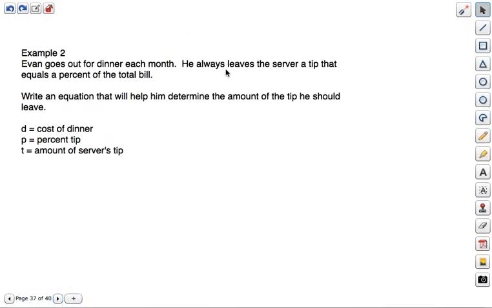All right, let's go ahead and look at another one. Evan goes out for dinner each month. He always leaves the server a tip that equals a percent of the total bill. So what we need to do here is write an equation that will help him determine the amount of tip he should leave.